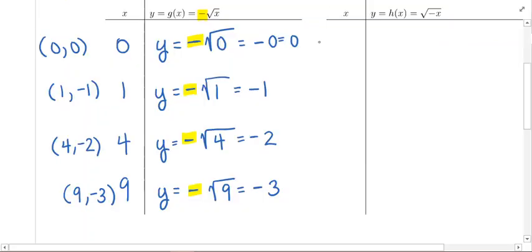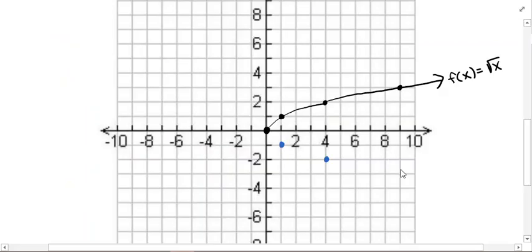And lastly, the last point is (9, -3). We're going to connect these dots with the same basic shape as the original function. We're going to start at the origin, and the graph is going to go this way.